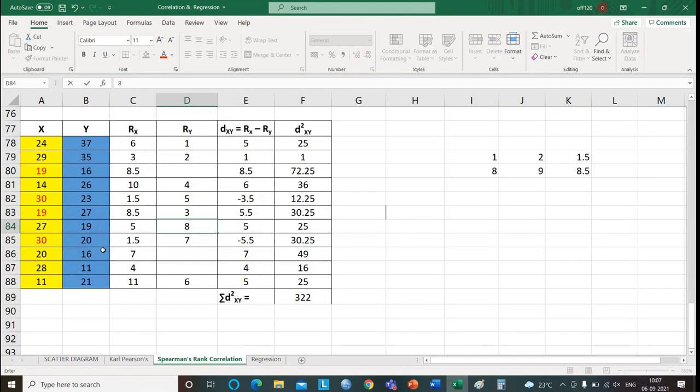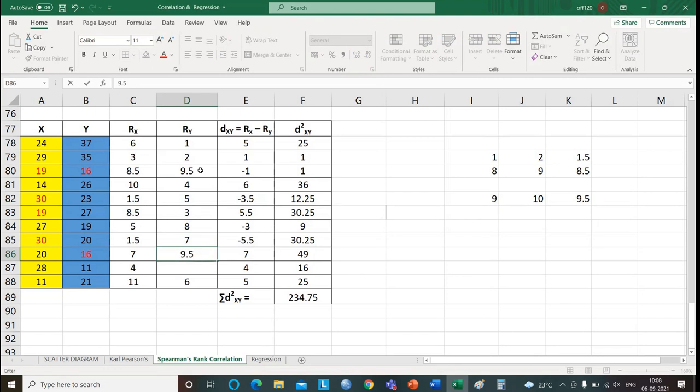Next, the highest value is 16. Here 16 is repeating two times. How many ranks have been finished? 8 ranks are finished. Now I have to assign 9th and 10th. So I'll take the average of 9 and 10, that is 9.5, and assign the rank as 9.5 and 9.5.